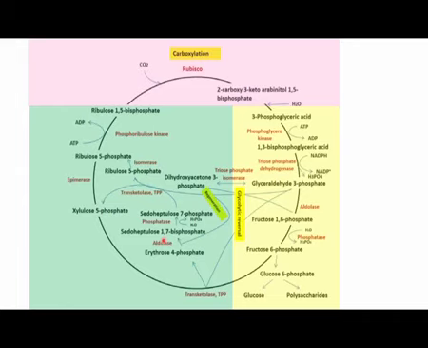So, in this process, the fructose 6 phosphate, which is being formed here, and the glyceraldehyde 3 phosphate, which is formed here, they both come together and combine with each other to form one molecule of erythrose 4 phosphate and one molecule of xylulose 5 phosphate.